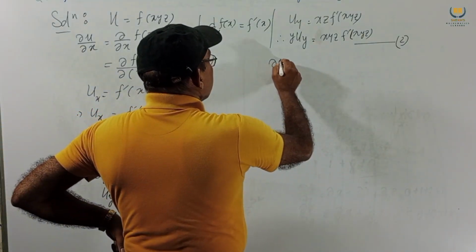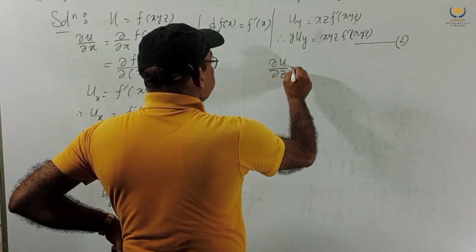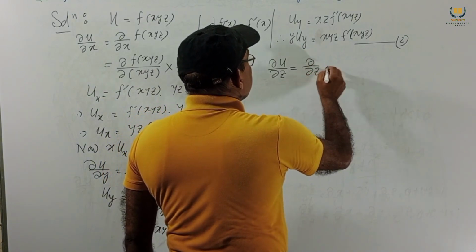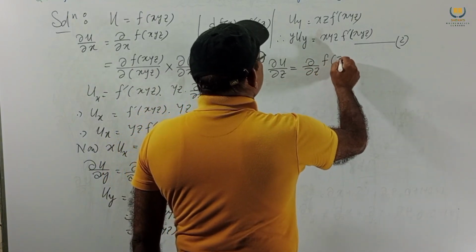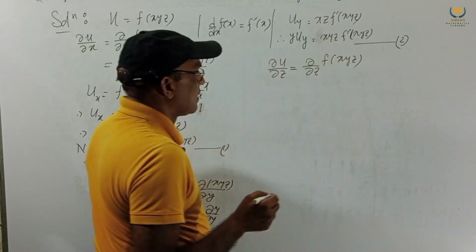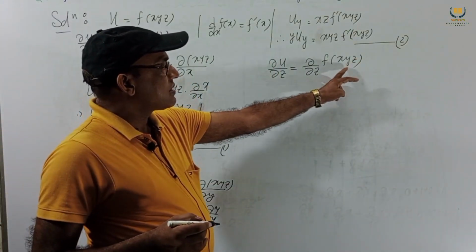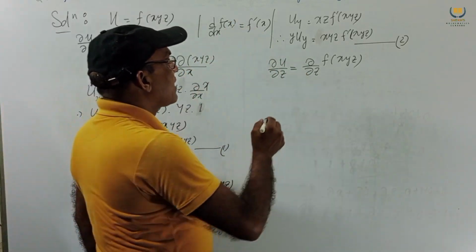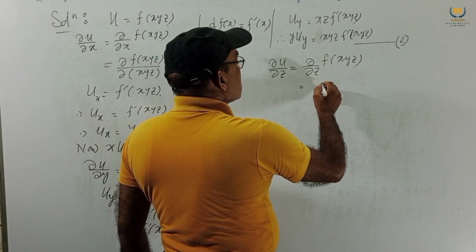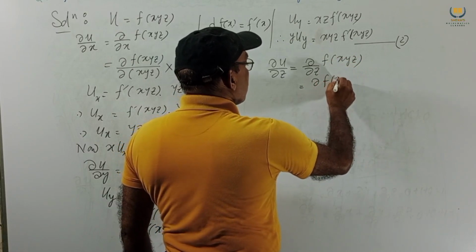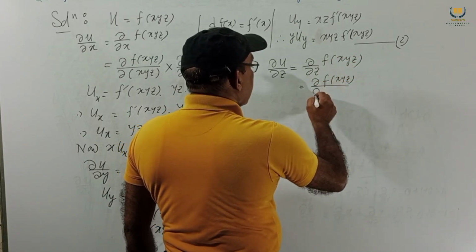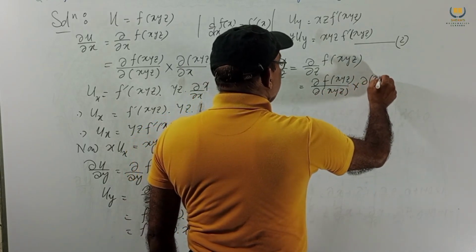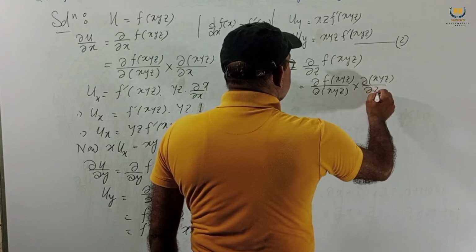And del u by del z, del z of f of xyz. Again, this is xyz, this one is z, these are different. If both are the same, we can write f dash x. So again using chain rule, del f of xyz by del (xyz) into del (xyz) by del z.